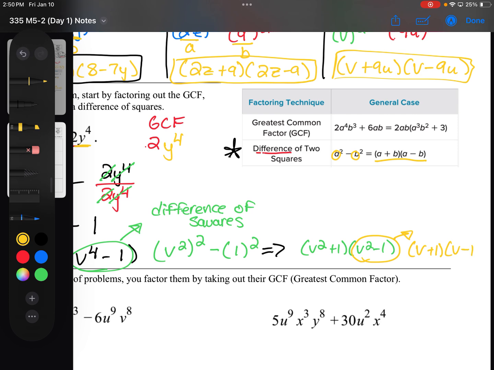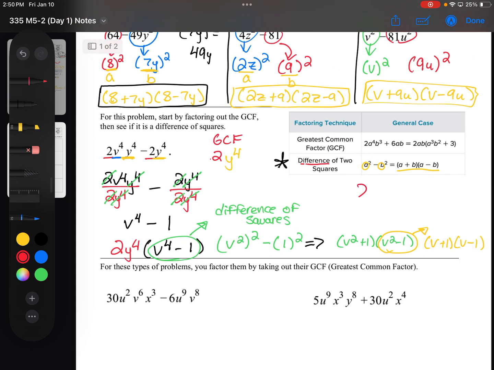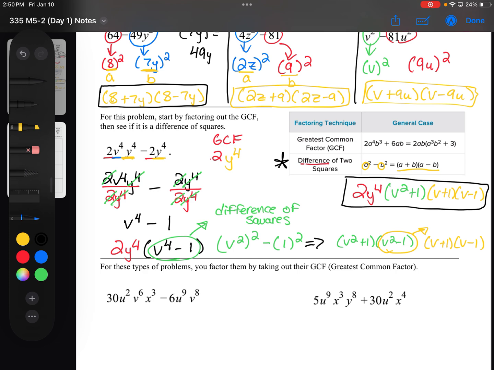So all together here, we've got the final answer of 2y to the 4th. We still have that v squared plus 1. And then remember, we had to break down that other term, so we got v plus 1 times v minus 1. All together, that is going to be your final answer.